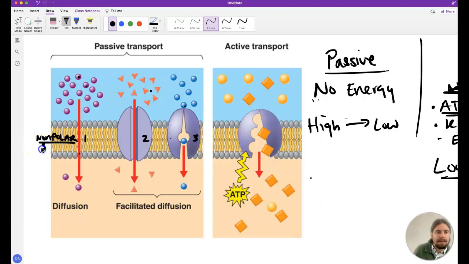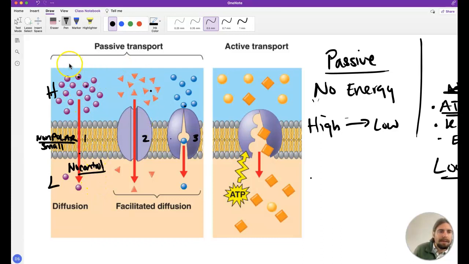And so molecules that are small and nonpolar will routinely diffuse across the membrane in accordance with their concentration gradient from high to low, and just squeeze through the spaces between the phospholipid bilayer as they move. Now, one challenge with this is that we have no control over the movement of these small nonpolar molecules because there's no way to prevent them from squeezing through the membrane.